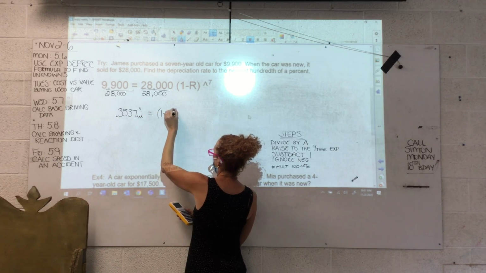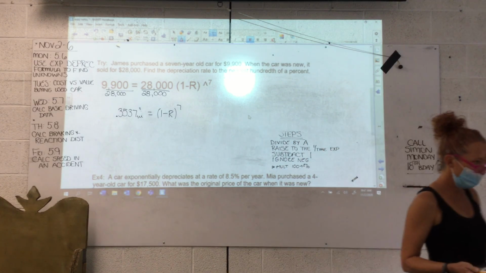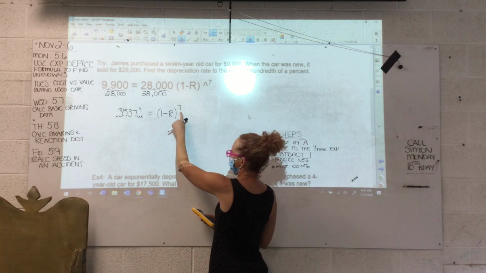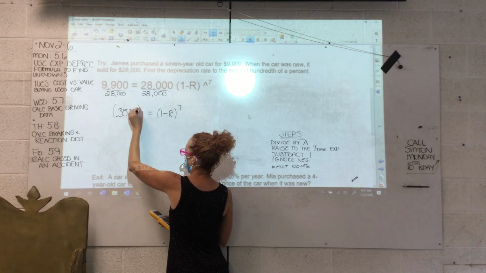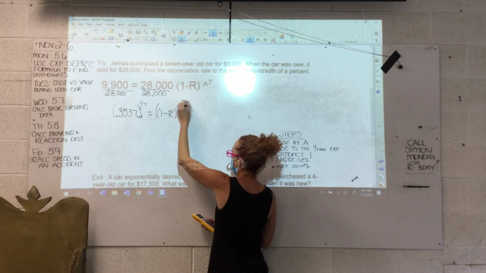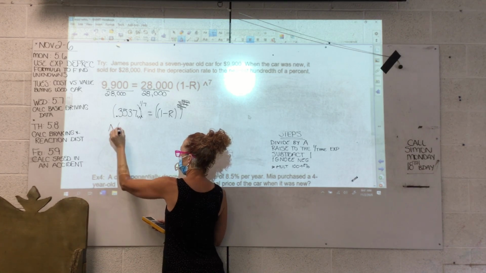1 minus r to the 7th. Step 2: take both sides to the 1/7 power. Whatever that is, reverse it. That just undoes that.